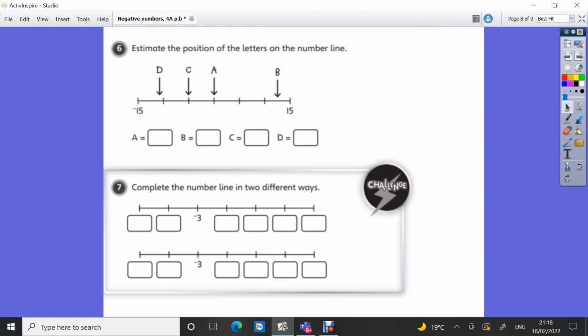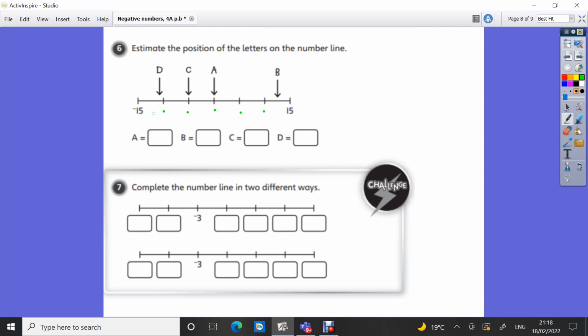Okay, question number 6 says estimate the position of the letters on the number line. We just have to estimate. Okay, this is -15 to +15. I will say if this is -10, -5, this is 0, 5, 10, and 15.